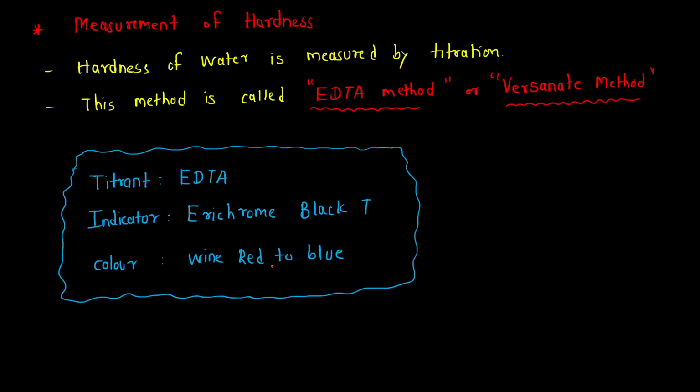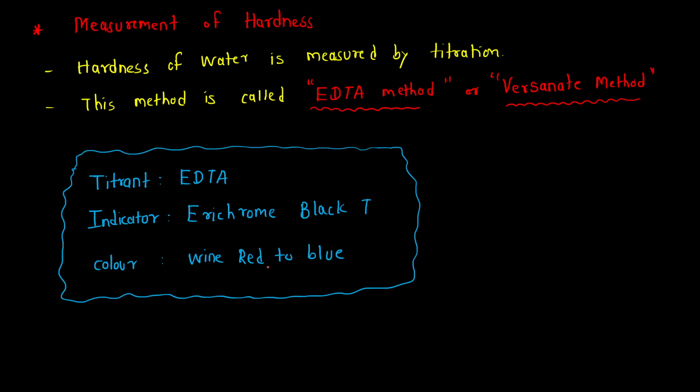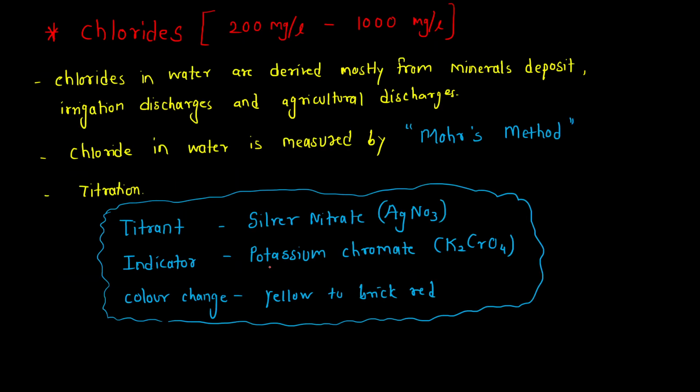For hardness it was 200 to 600 mg per liter. For chloride it is 200 to 1000 mg per liter. So these are all the important points in chloride. The name of the method is important. Sometimes this method is also called the argentometric method.